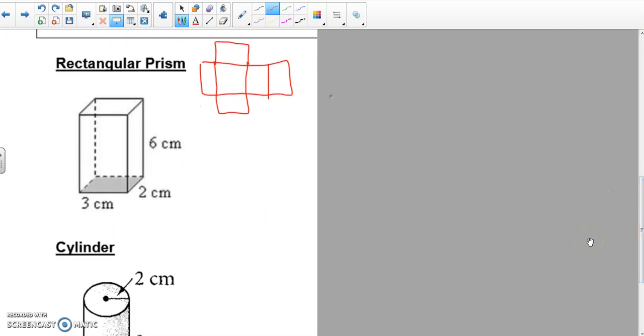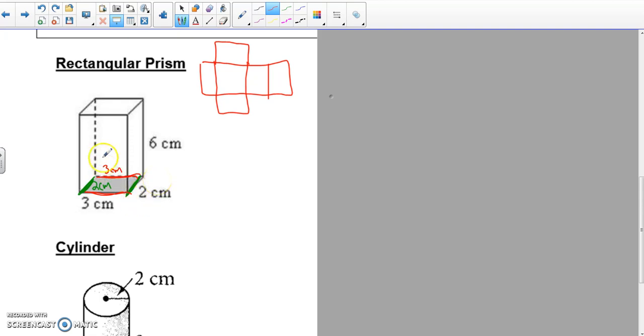Here's what I'm going to think about. Looking at this picture, I know that this base is a rectangle. So if this side's 2, that means that side right there also has to be 2 centimeters. If the front edge of our rectangle is 3, this edge has to be 3.